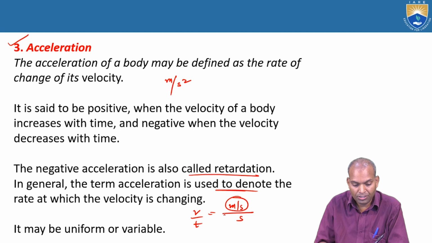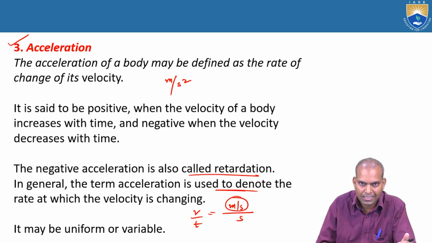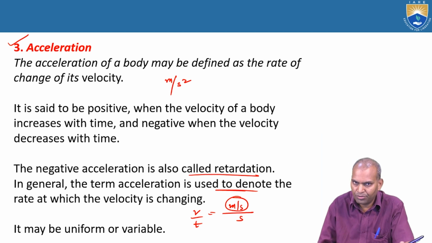The rate of change of velocity is known as acceleration. The physical significance is how the velocity is getting changed along with time. That is known as acceleration. The acceleration can be uniform or variable.